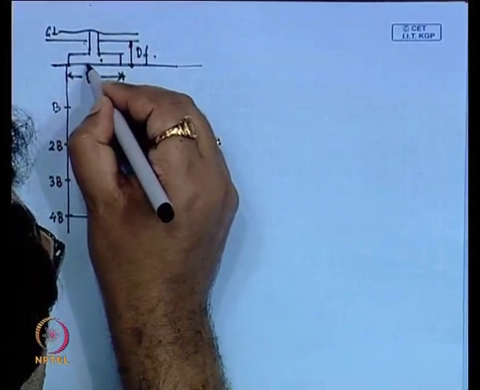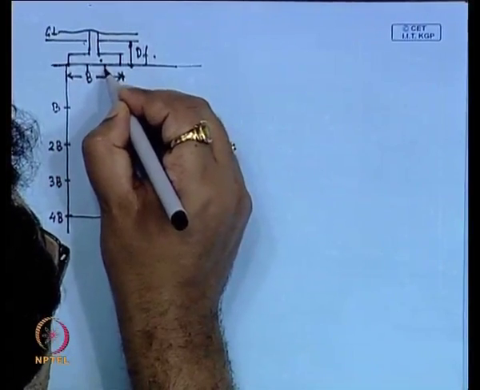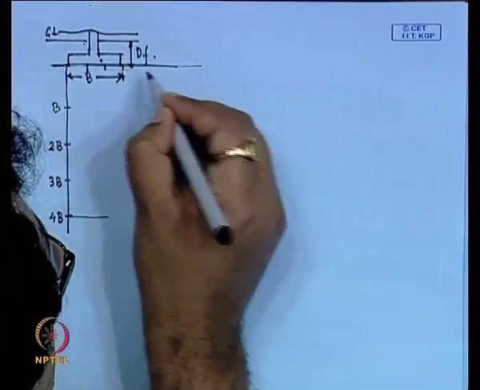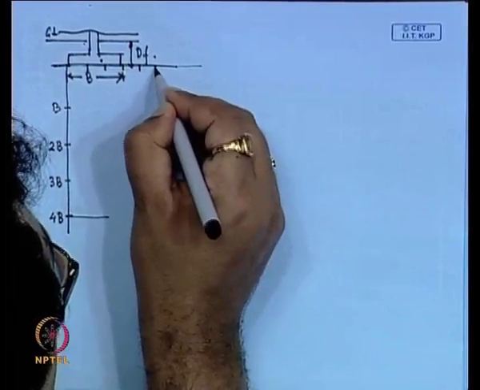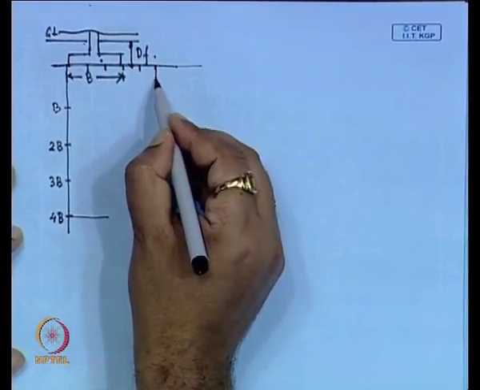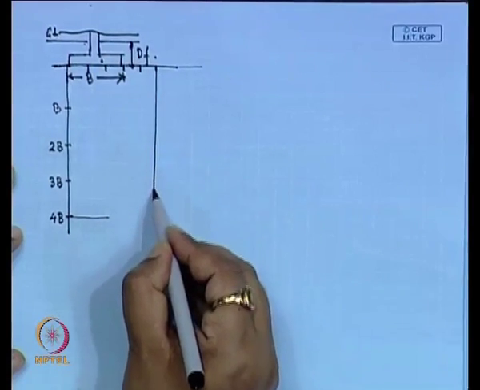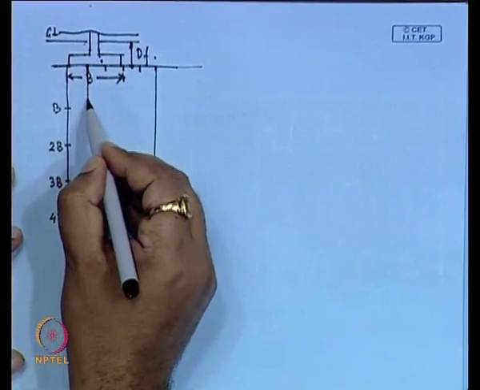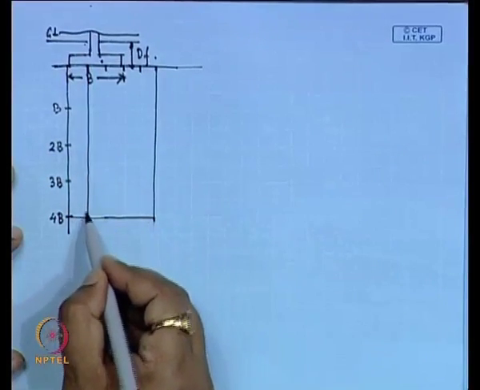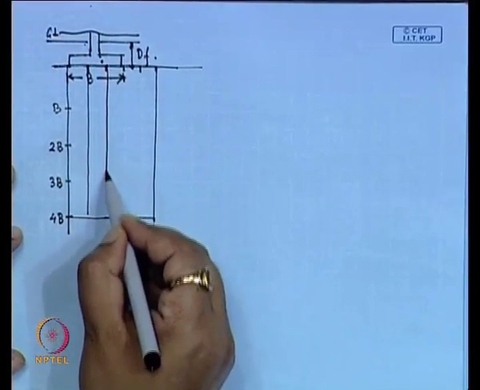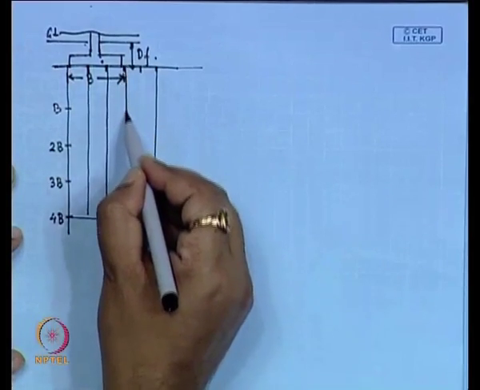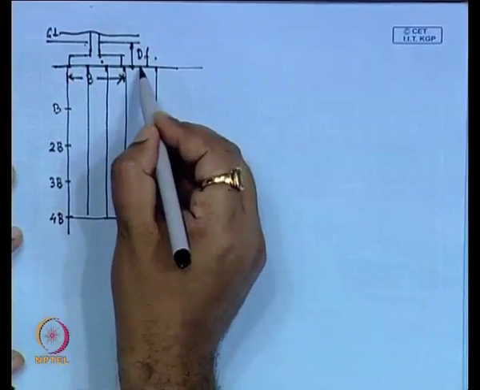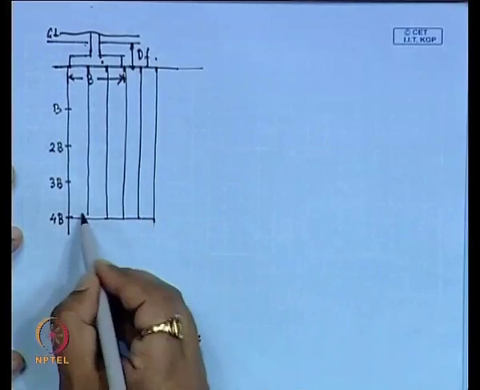Suppose this is 0.1, this is 0.2, this is 0.3, this is 0.4, and this is 0.5.